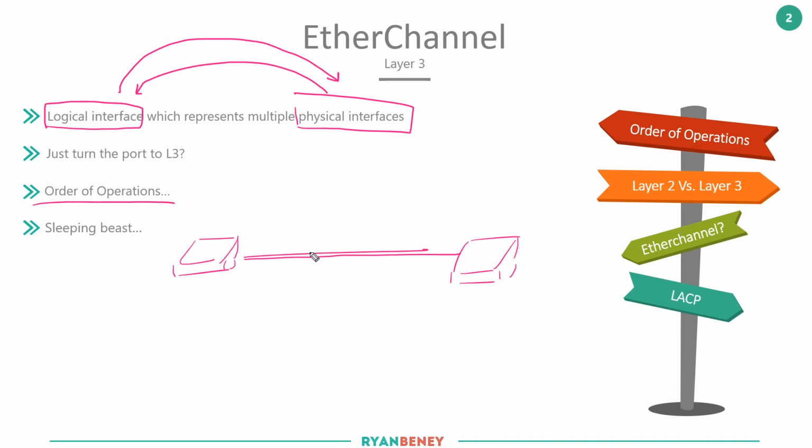But effectively, when you're in production, you should never make any changes to the physical interface of an Ether channel without a change control or approval. It's just asking for mistakes, and it's a thing where you learn from mistakes, because Ether channels can be, like I said, a sleeping beast, very unforgiving.